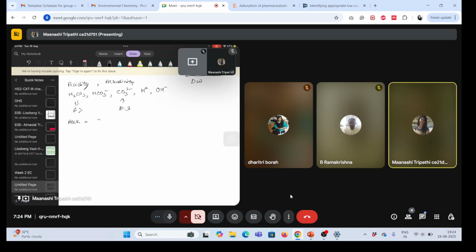Alkalinity is equal to 2 CO3 2 negative plus HCO3 negative plus OH, this is caustic alkalinity, minus H plus. Normally when we are not talking about a water system, these things won't matter. But when we are talking about a water system, it will split into H plus and OH minus. That is why other things are also coming into the picture.